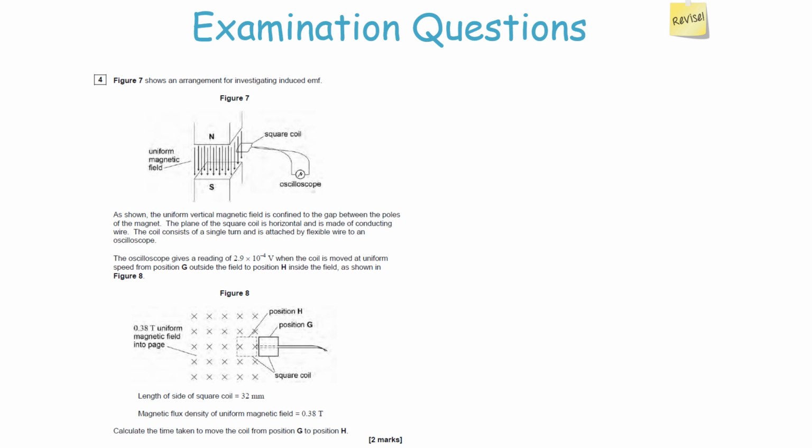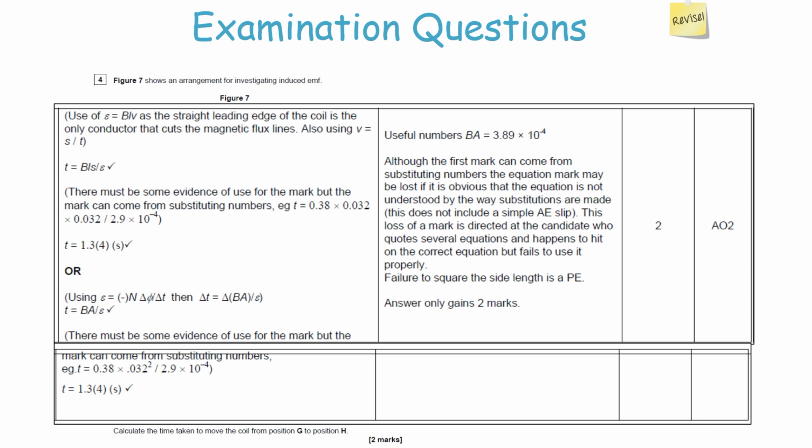Right. So what would you do here? The first thing is how to work out the induced EMF in this situation. The most common equation to use is the induced EMF is equal to BLV, which is an equation you've got to be aware of. Now you know that v, velocity, is equal to the displacement over the time. So therefore you can put that into the equation by saying EMF is equal to BL s over t. So we can work it through and make t the subject.